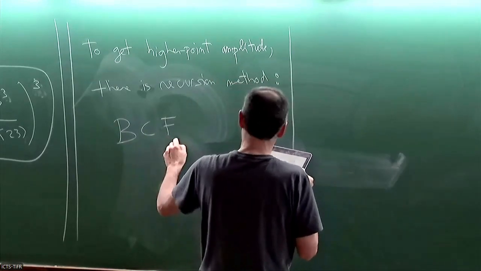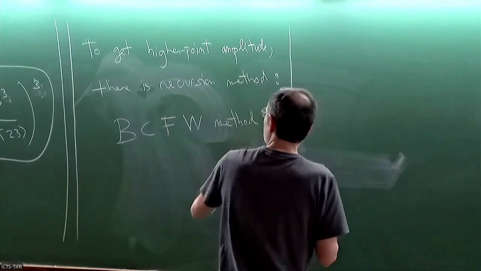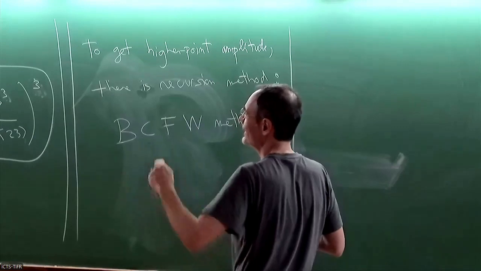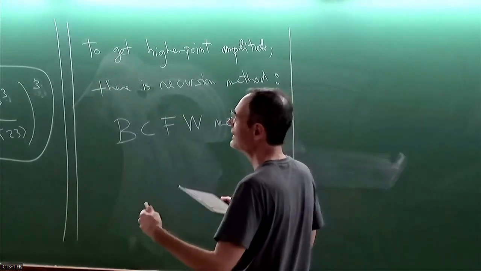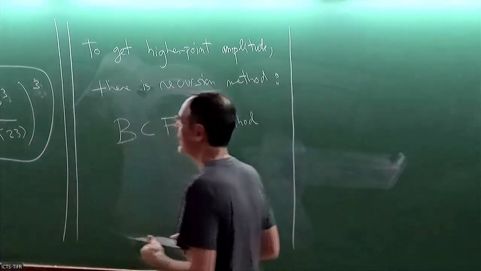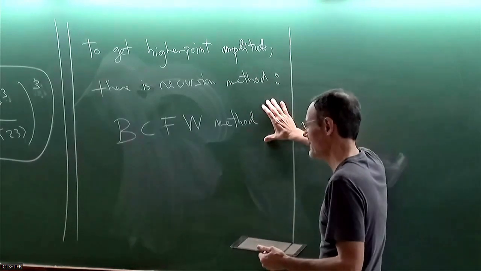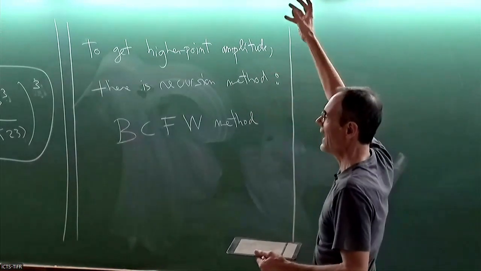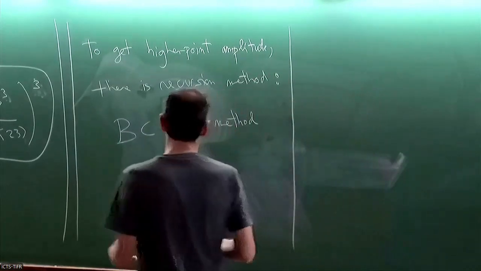It's called the BCFW method. It tells you how to get higher point amplitudes from lower point amplitudes. So you start building the 3, the 4, 5, 6, 7, and it's a systematic way of getting it. It's an amazing paper that tells you how to get higher point from lower point. Everything on shell, at tree level, of course.